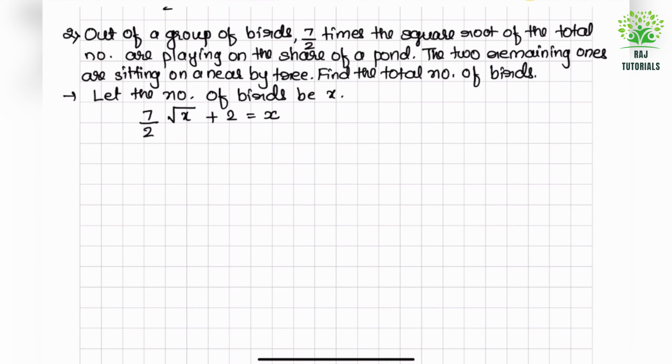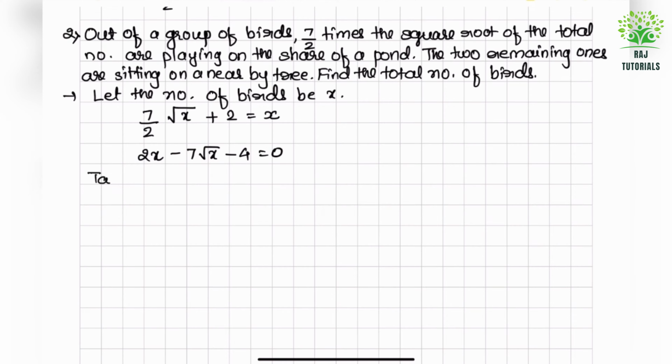So total should be this much. So if I do the LCM, 2 and send it on that side, it will become 2x minus 7 root x minus 4 equal to 0.